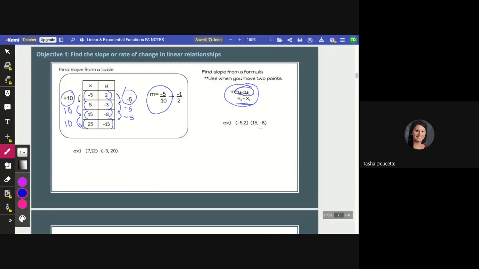Okay, so what we can do is try some examples down here. We'll start down here. So I'm going to say x1, y1, x2, y2, and I do my formula. 20 minus 12 over -3 minus 7. Okay, so what is 20 minus 12? That is 8, not 18.